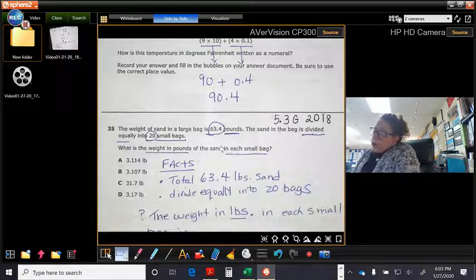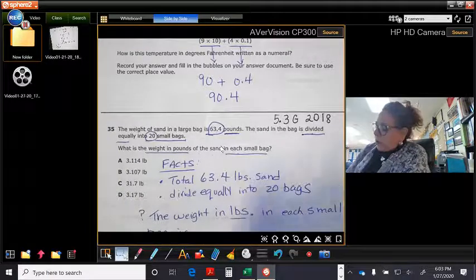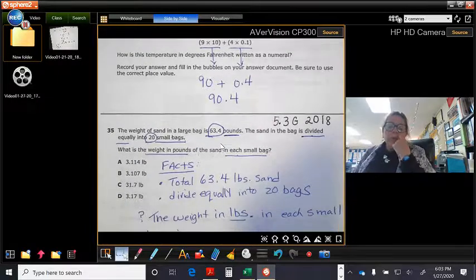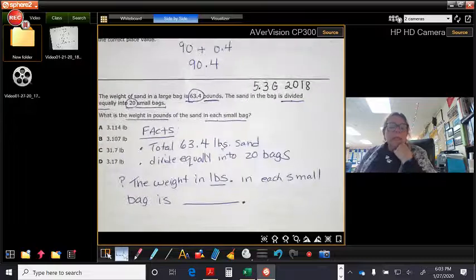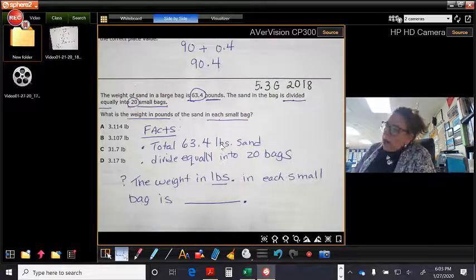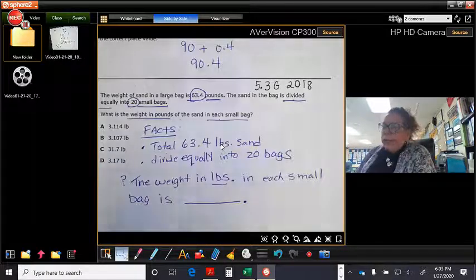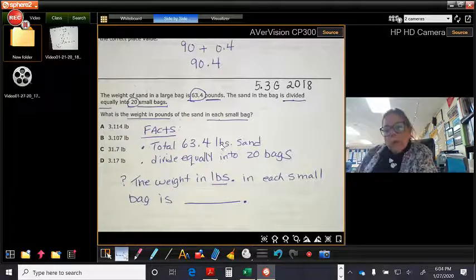Or you could say the weight of each small bag is blank pounds. So whichever one you wanted to write. Just remember that when we're rephrasing it, it is simply so that we know what we are solving for. A lot of you did not do that today when you were taking your assessment. Still, it's like, well, I can figure it out. And then you didn't solve what we were looking for.